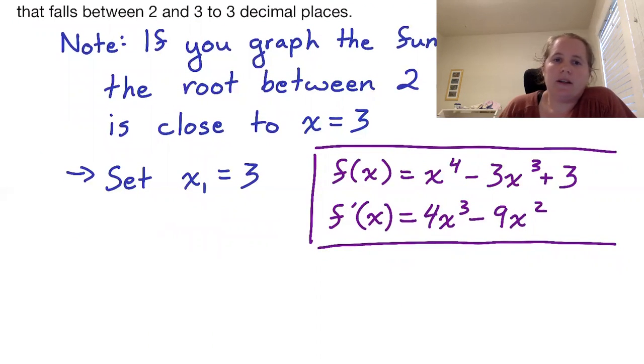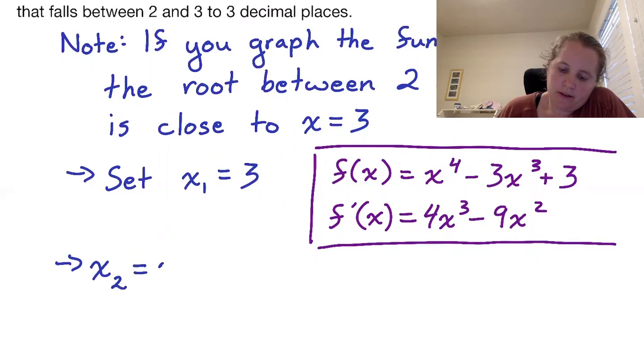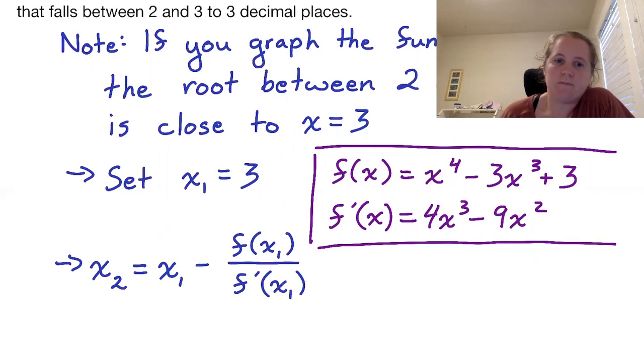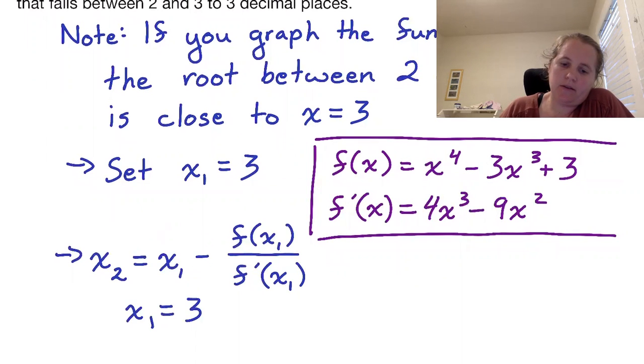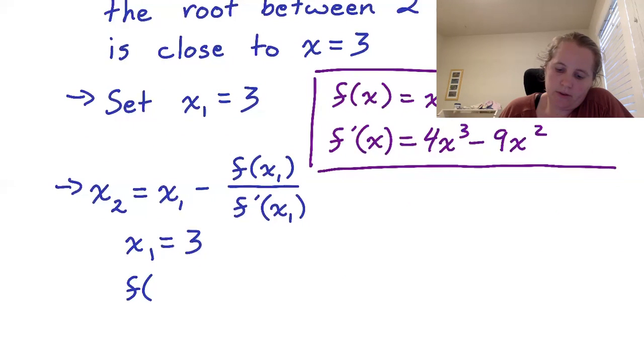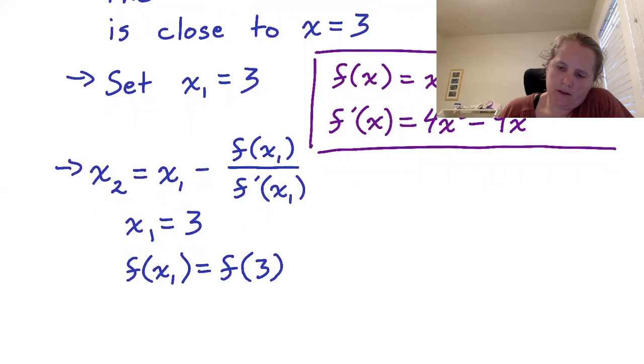So if I want to find x2, we have that x2 is x1 minus f of x1 divided by f prime of x1. Again, x1 is equal to 3. And we have f of x1, which is f of 3, which I believe is just 3.